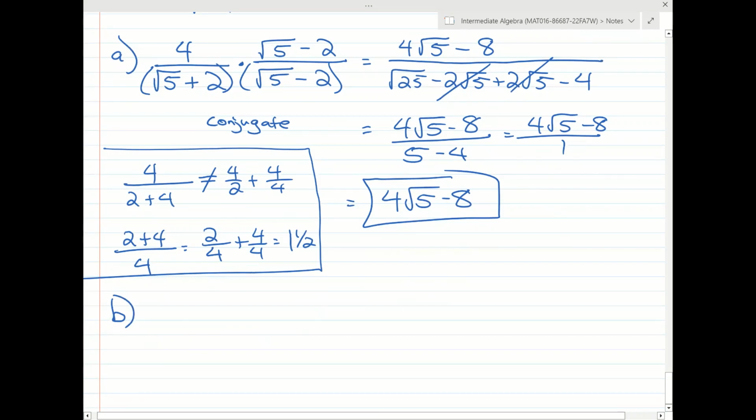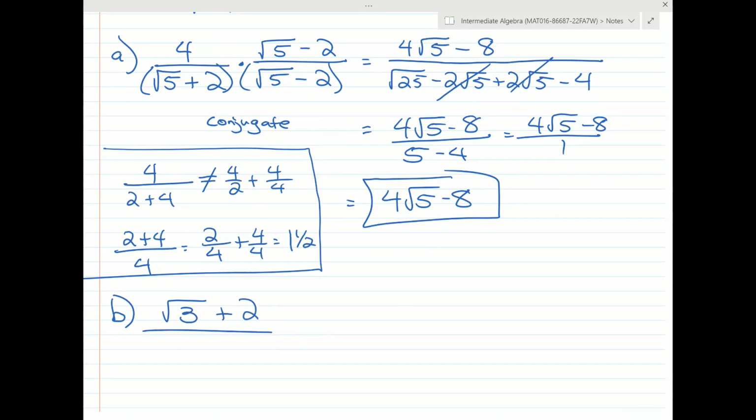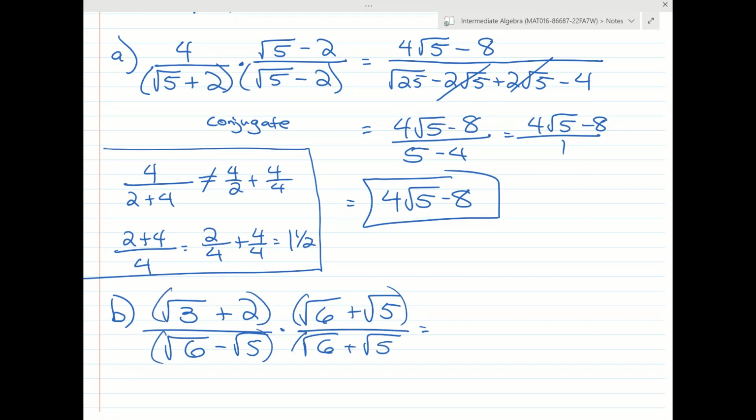All right. What if we had 2 radicals? How about the square root of 3 plus 2 over the square root of 6 minus the square root of 5? We still multiply by the conjugate, which means we change the sign in the middle. And we're just multiplying by FOILing like we've done many, many times.